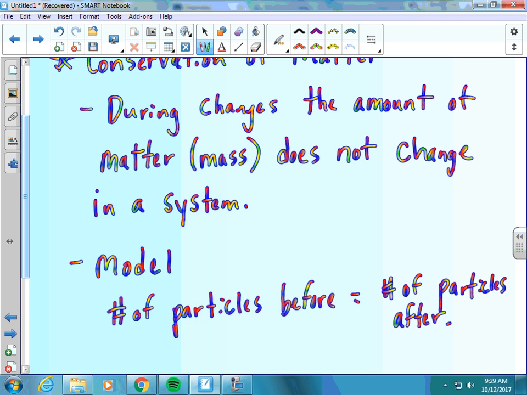All right. The other thing we've been working on, of course, is measurements.